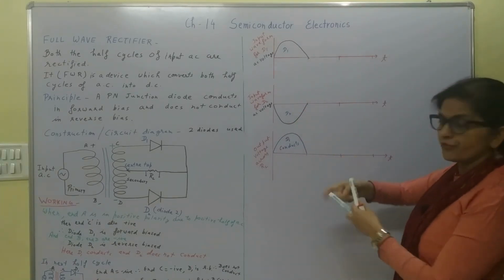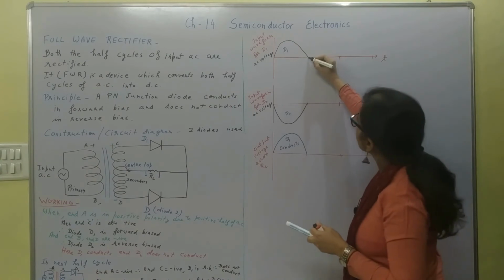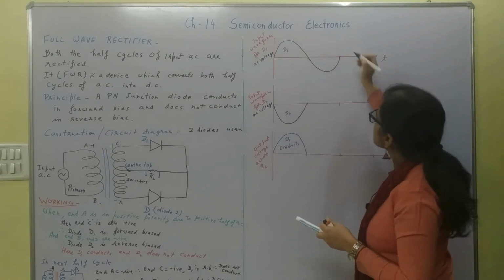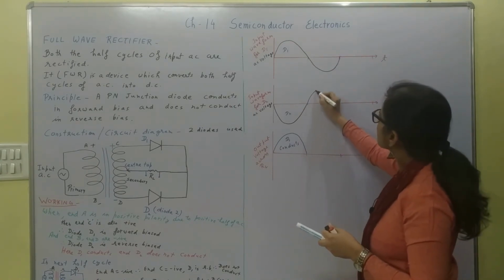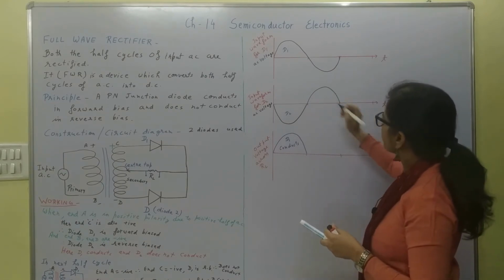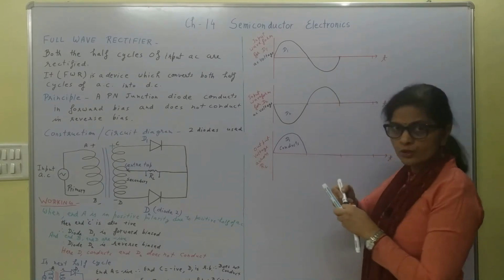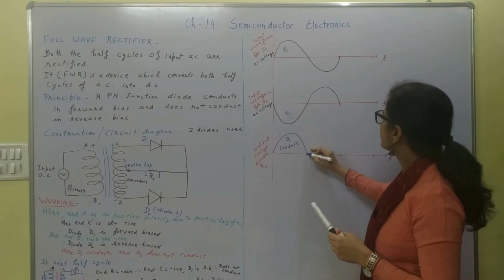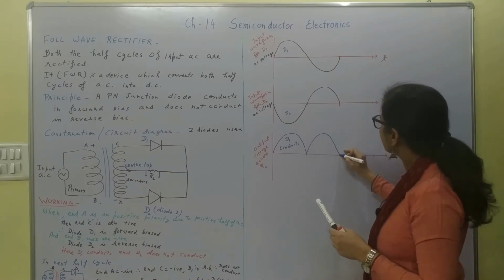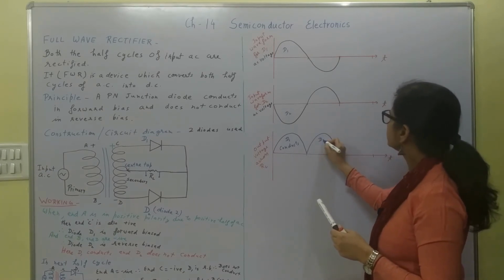Now for the next half cycle, D1 becomes negative, so D2 becomes positive, right? So D2 conducts because D2 is forward biased.